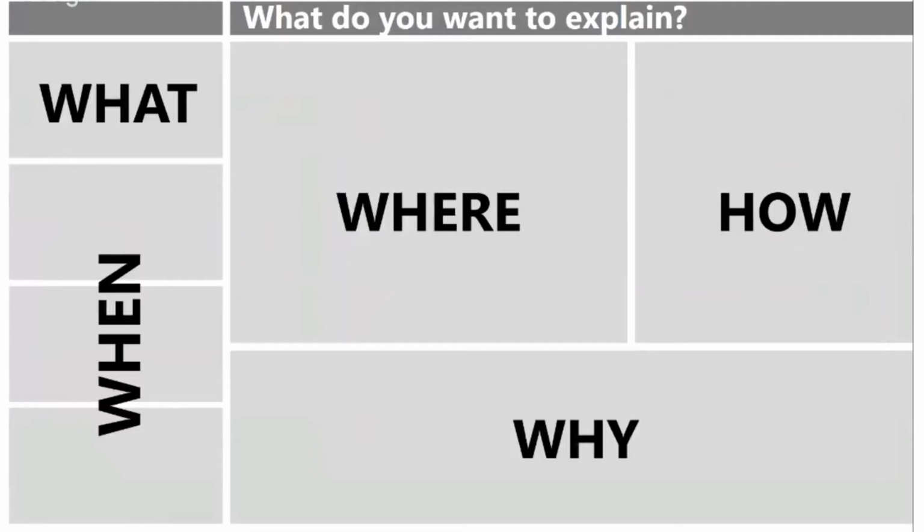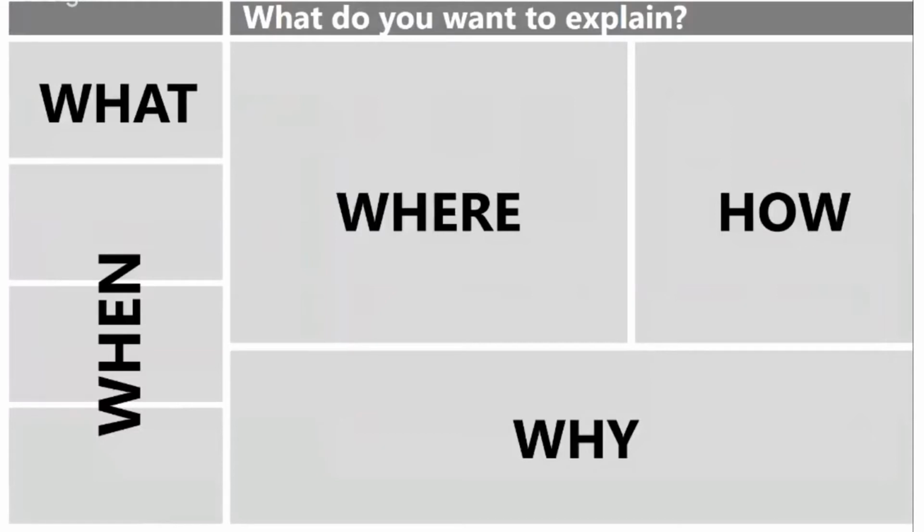Then why? This is one of the most challenging sides of data analysis, which is diagnostics, where you find out why something happened. So that is basically a summary to help you know exactly what to do, even if you don't know where to place what.